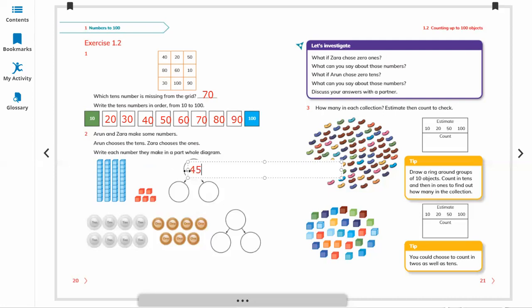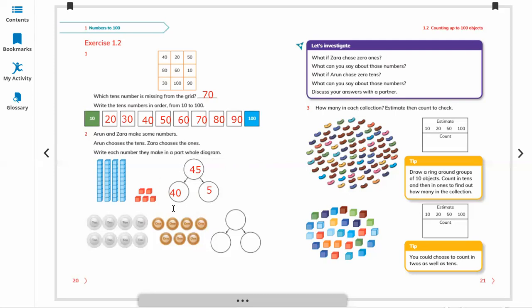And we are going to separate them by counting tens in the first circle, that is counted by Arun, that is 40, and Zara has counted in ones, so it will be 5. 40, and here is 5.